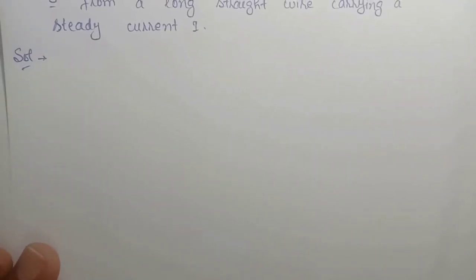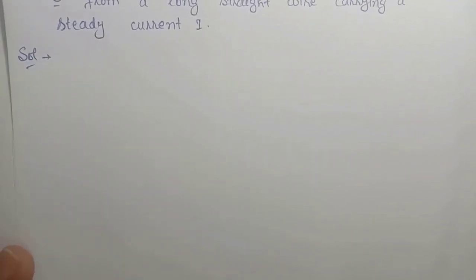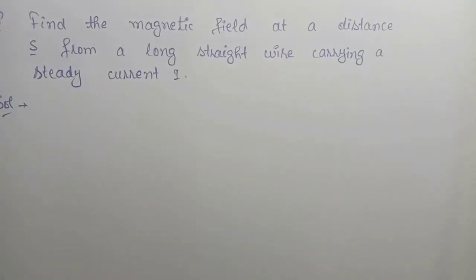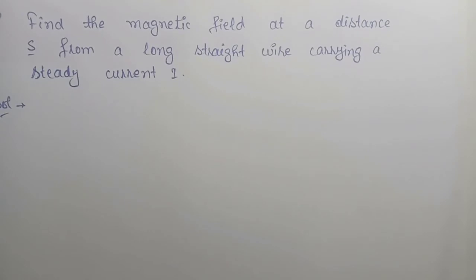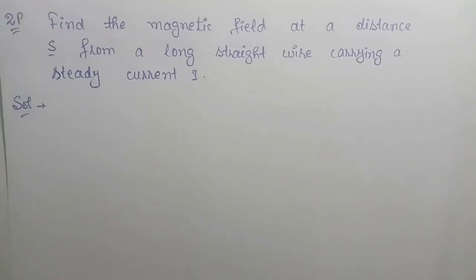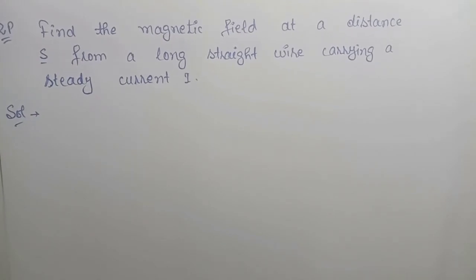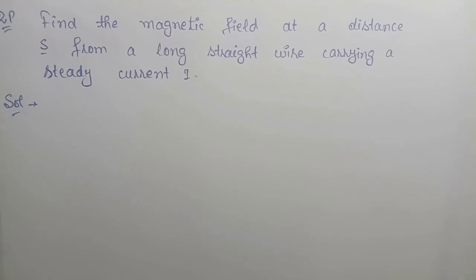The second problem is: find the magnetic field at a distance s from a straight line carrying a steady current I. So here we are interested in finding the magnetic field at a distance s from a long straight wire.